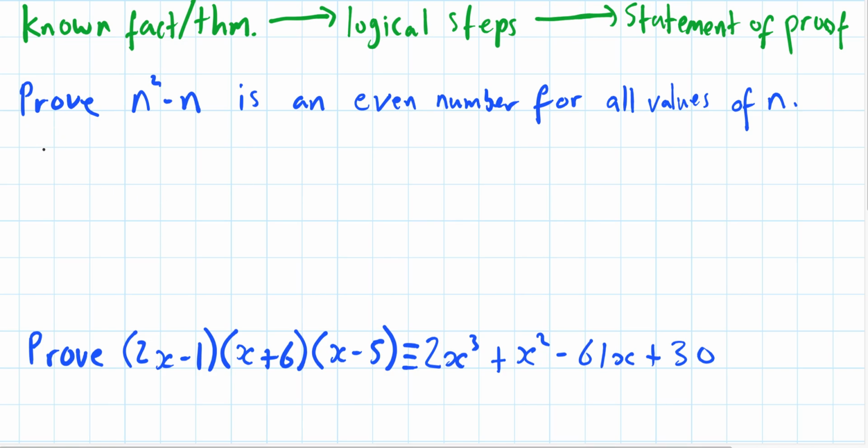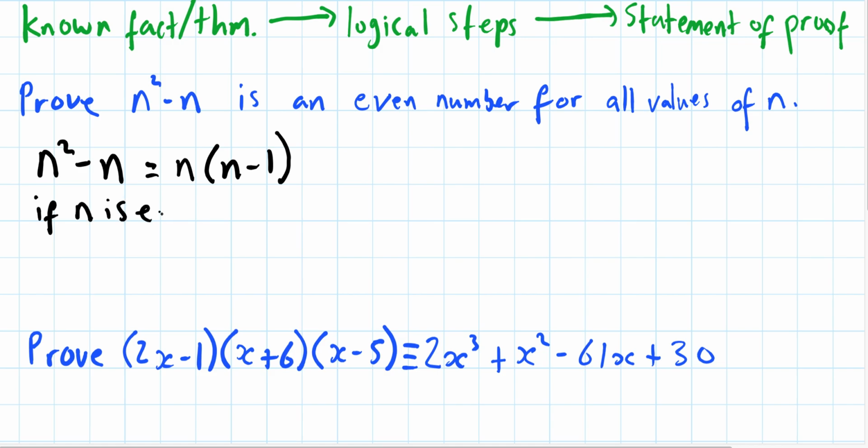So I'm going to start off with a known fact that n squared minus n is equal to n times (n minus 1). Yeah, and I'm going to follow these logical steps. If n is even, then n minus 1 is odd.